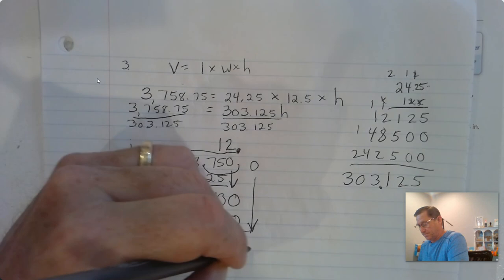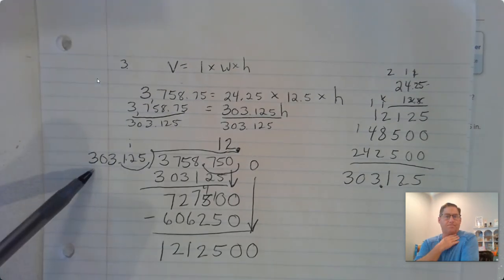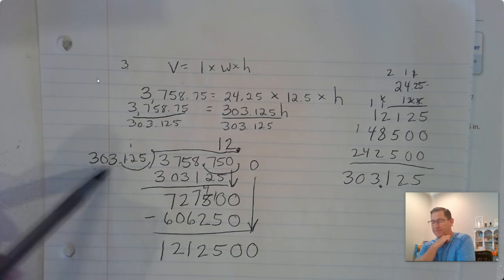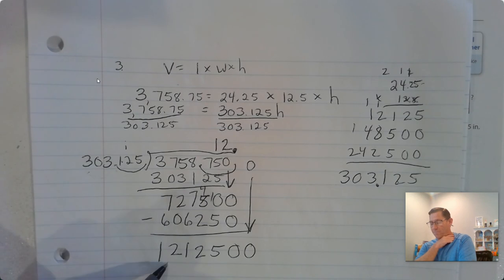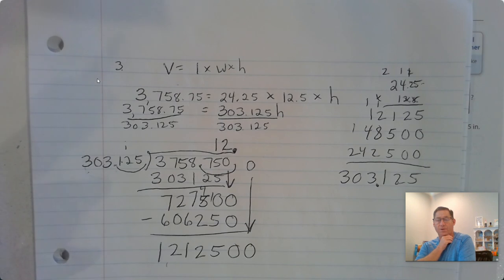Add a 0. If we think of this as 303,000 and this as 1 million, it would take 4 300,000s to get to 1.2 million.